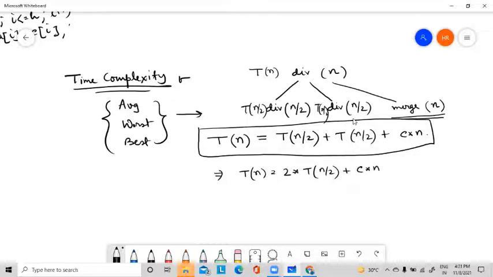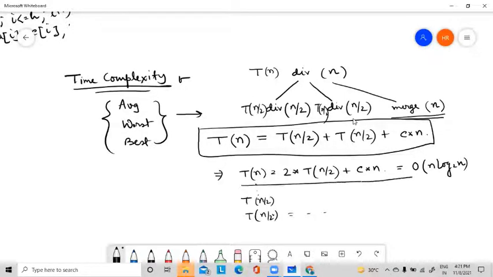If you further divide it, first for T of n by 2, then for n by 2 square, you will get that it will follow the time complexity of order of n log n. I am not going to calculate the whole function because we have already done it in our quick sort best case. So it will give you n log n.